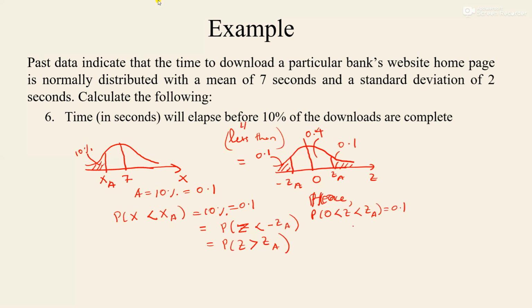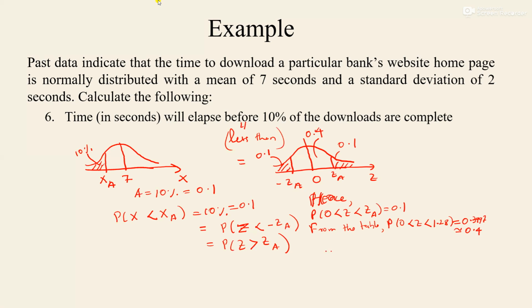Now if we search 0.4 in the table, from the table we have probability of 0 less than Z less than, I think it's 1.28, is equal to 0.3997. This is approximately 0.4, right?